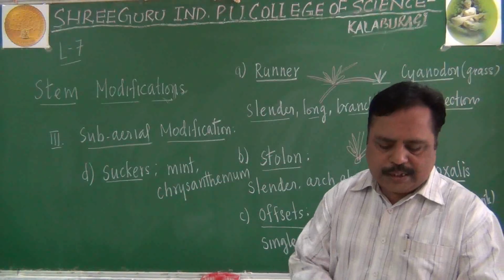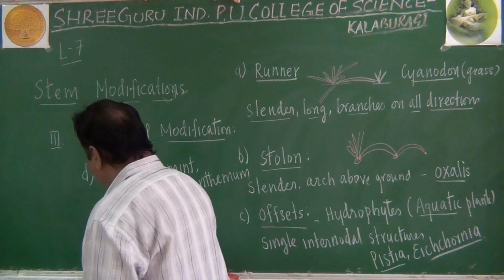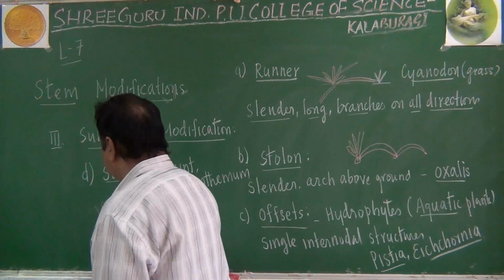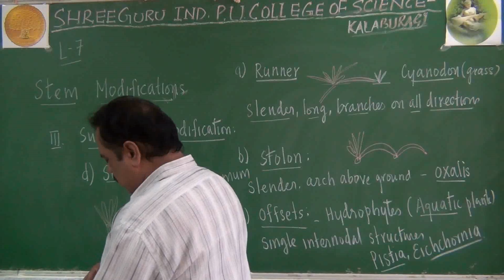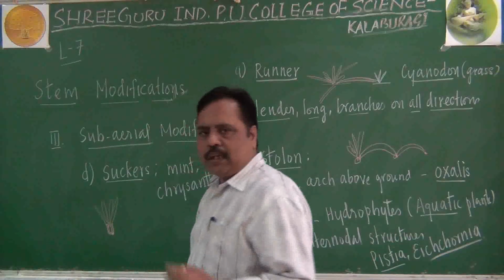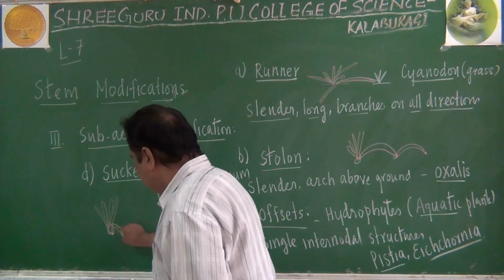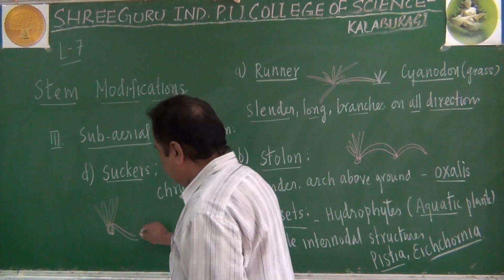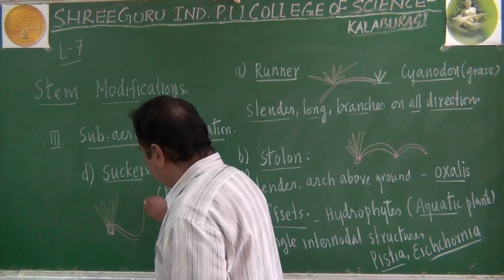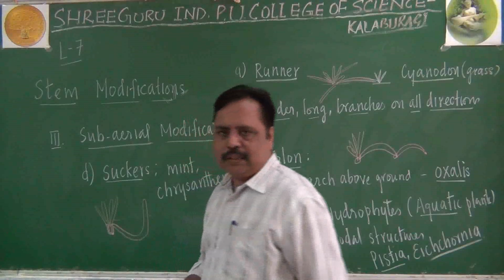What is the speciality of suckers? The stem is purely underground in nature. But this underground stem will produce a branch below the soil like this. And suddenly they will come up above the soil and start producing flowers.